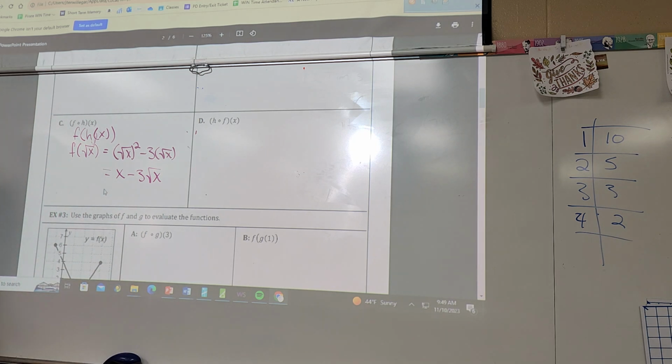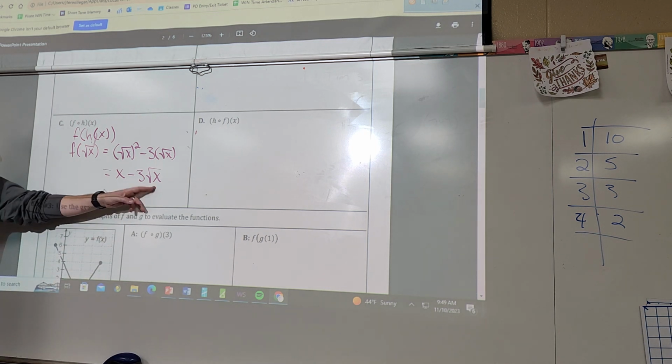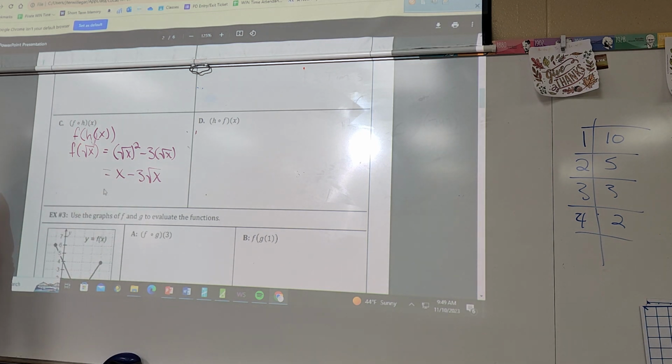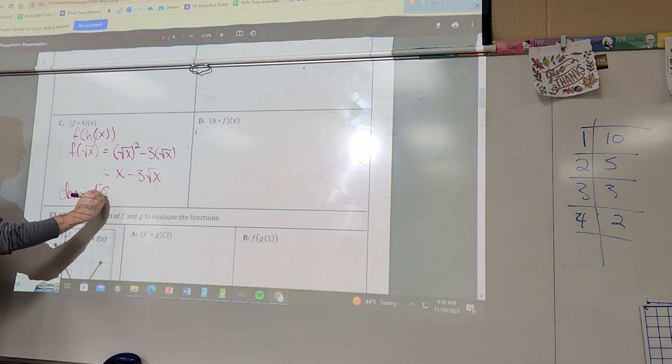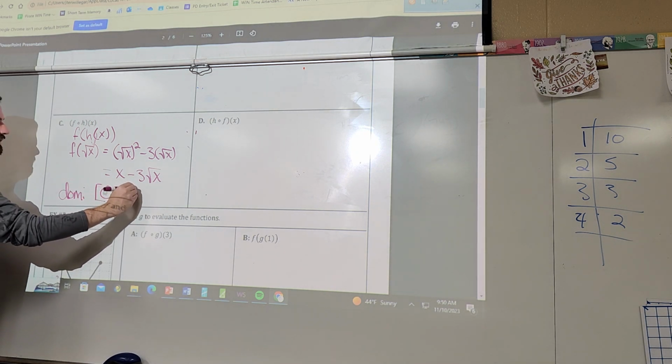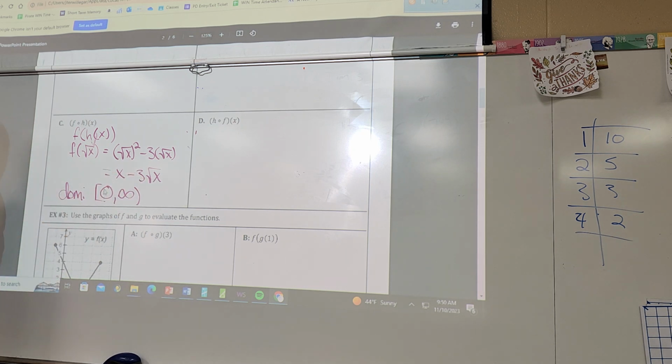Okay. Domain. This, I can plug in anything to x, right? What can't I take the square root of? Negative. Can I square root 0? Yeah. So my domain on this one's going to be 0 with a bracket to infinity. A bracket because I can plug in 0.